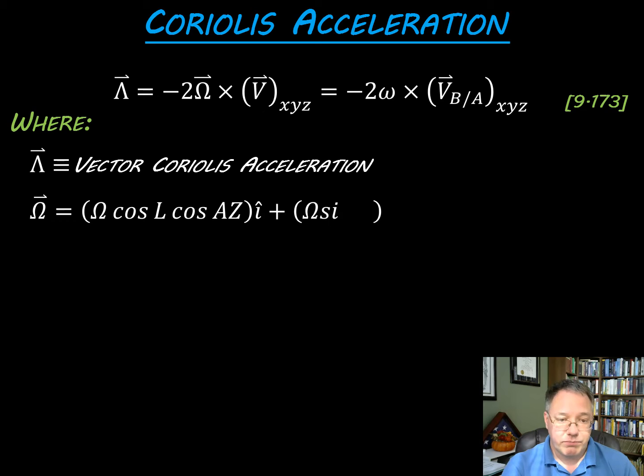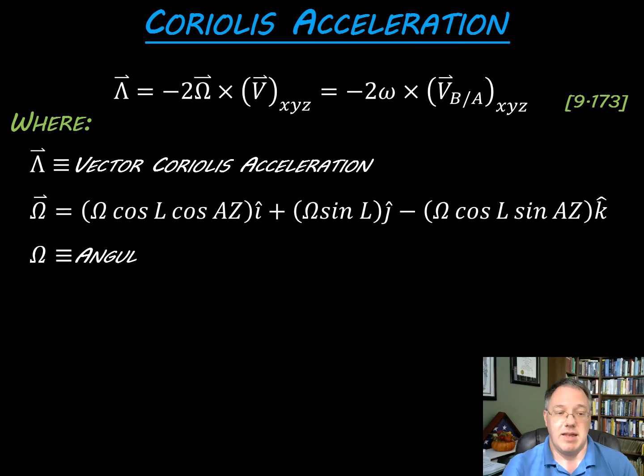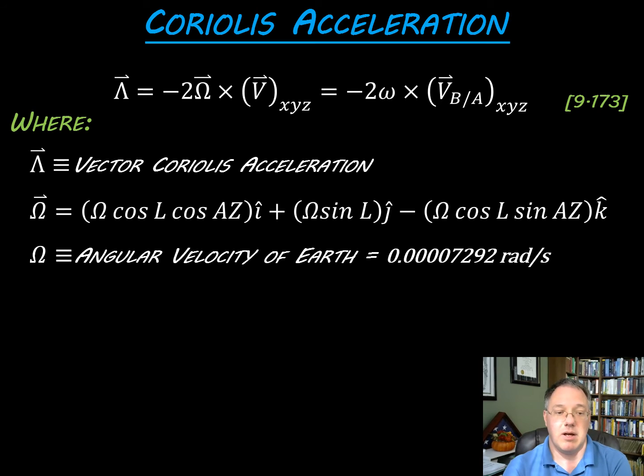And then we can define this omega vector based on our latitude that we launch from and what azimuth. Where on the planet are we that is spinning underneath us? And when it's not the vectorized form, that omega is the angular velocity of the Earth. How fast is the Earth spinning?